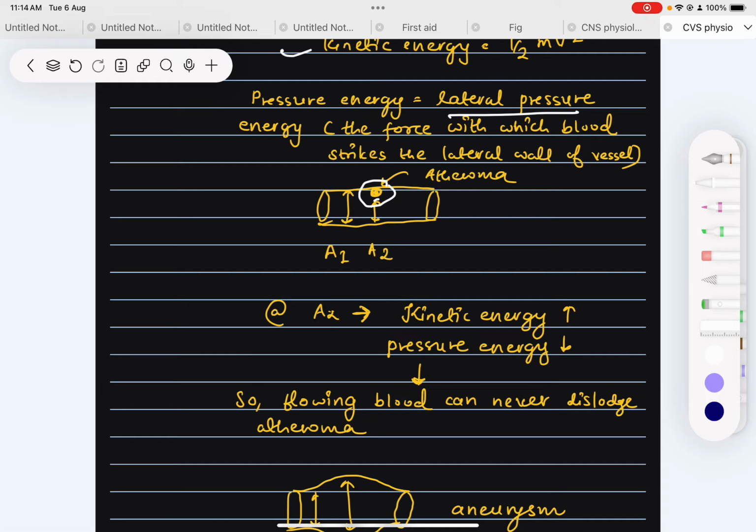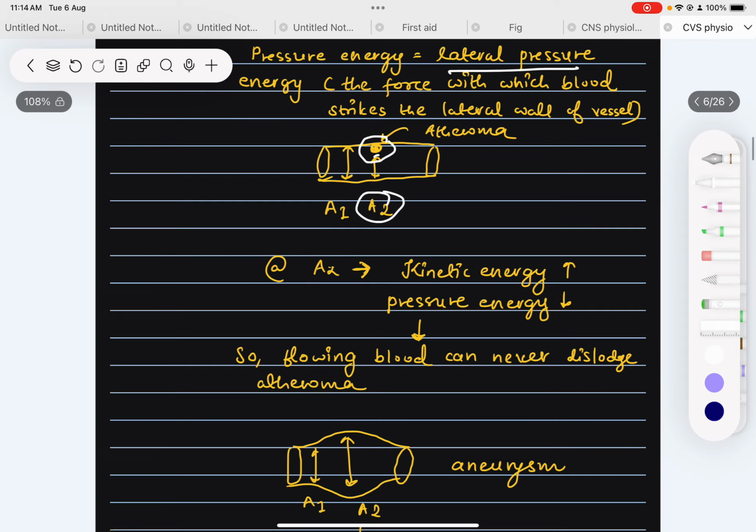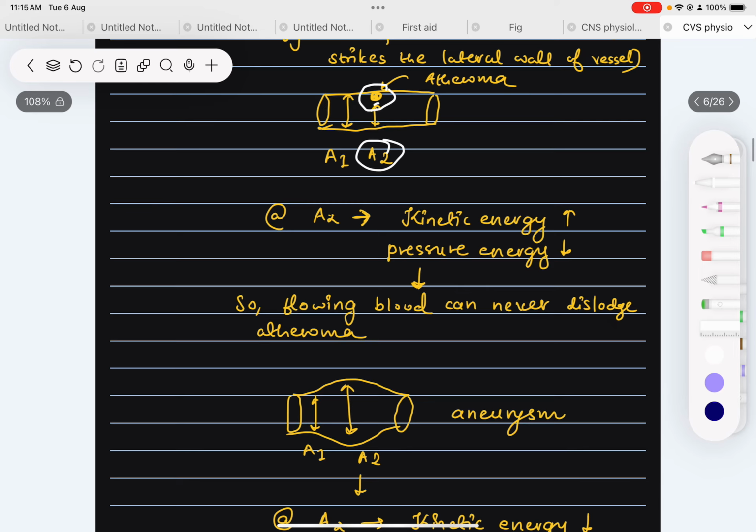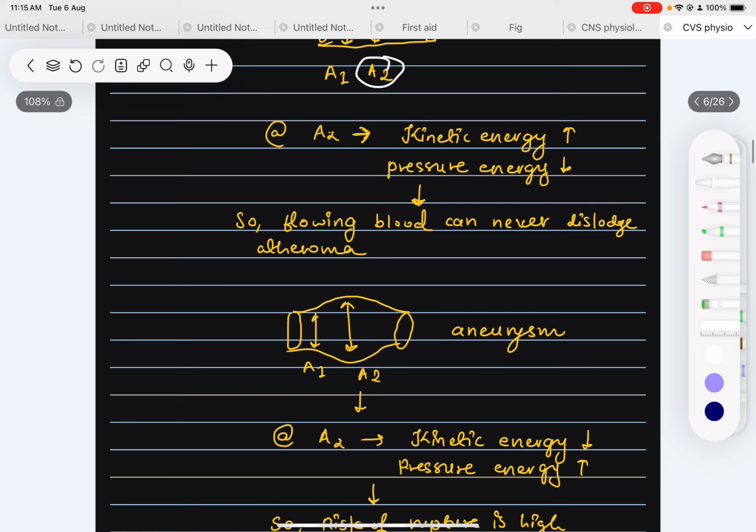So the diameter will be less, I mean the area will be less, so A2 is going to be less. So what will happen at this point and at this point? In A2 the kinetic energy will be more, but the pressure energy will be less. So flowing blood can never dislodge an atheroma.